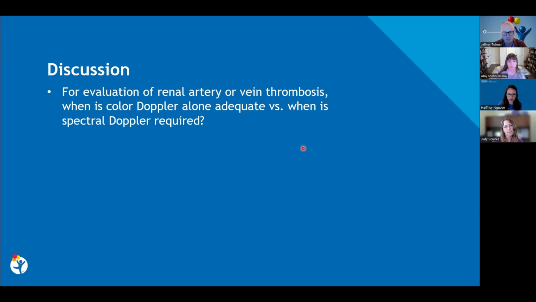Actually, since we're talking about renal arteries and thrombosis, have you all tried using ultrasound or been asked to use ultrasound to differentiate pyelonephritis? You know how on CTs when there are wedge-shaped hypointense structures, the differential is pyelo or infarcts.